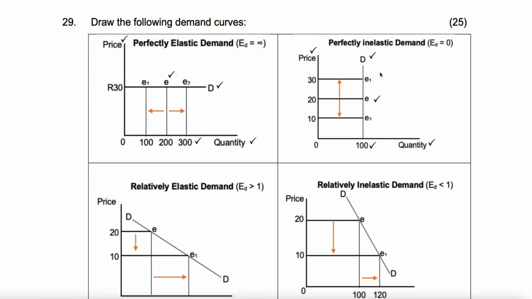This one here would be something like a matter of life and death. I'll give you an example of a heart transplant. If your heart was failing and a heart transplant costs, let's say, 20,000 rands, would you get it? Yes, you would. What happens if the price goes up to 30,000 rands? It won't affect quantity demanded. It will stay the same because people who need heart transplants would get it regardless of the price.